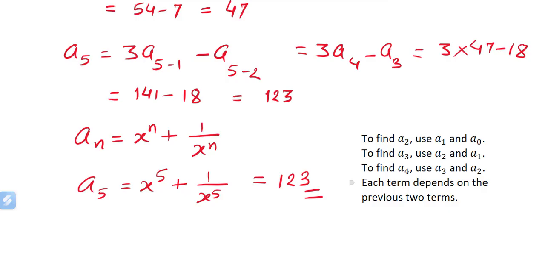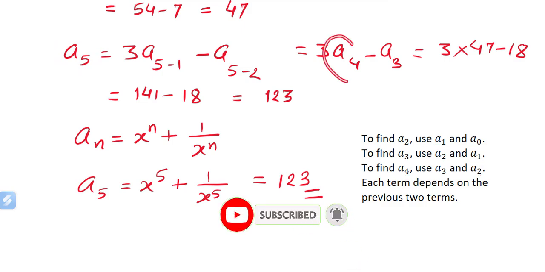From these calculations, first you find a0 and a1. Once you have these two values, we use this relation to find a2, then we use a1 and a0 to find a3, then a2 and a1 for a4, and a3 and a2 for a5.